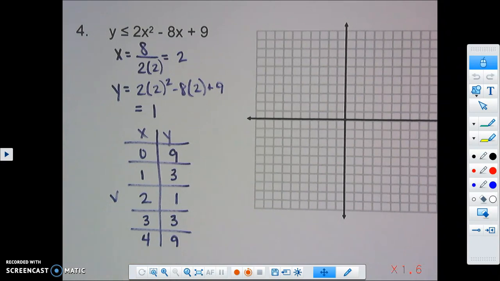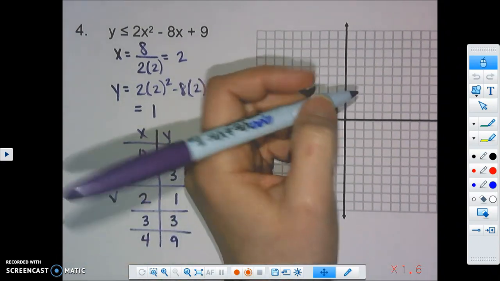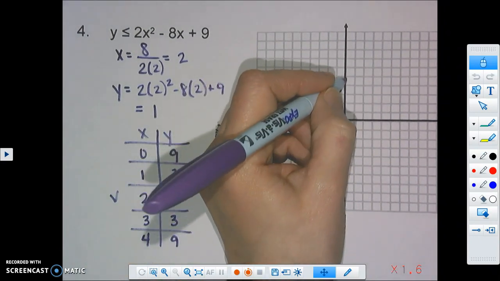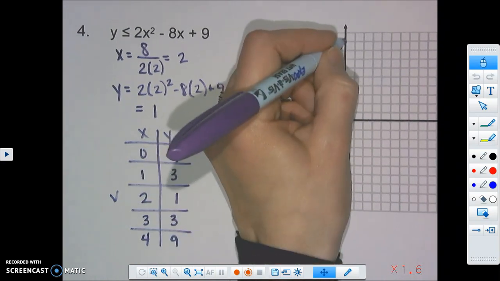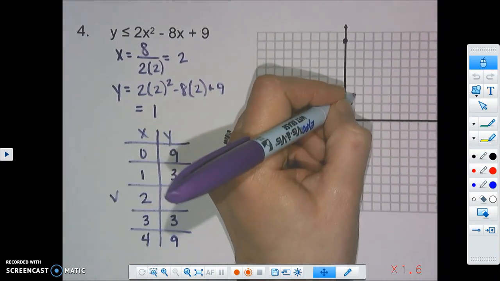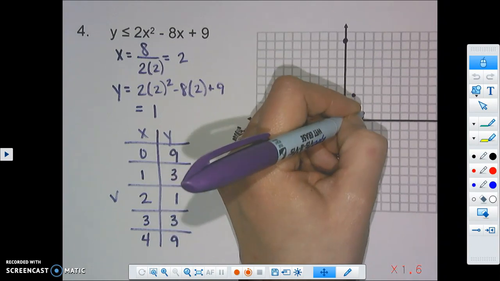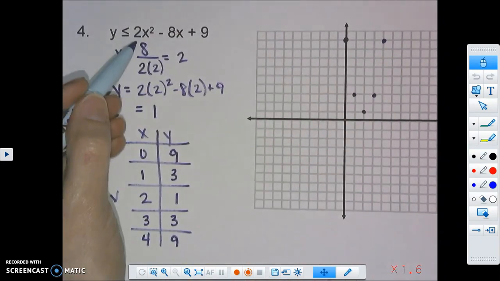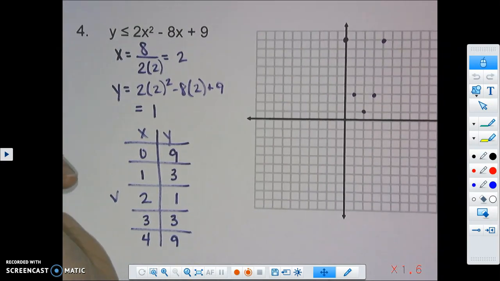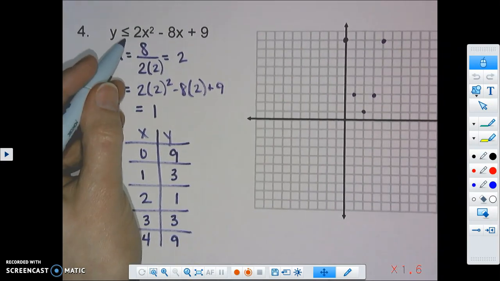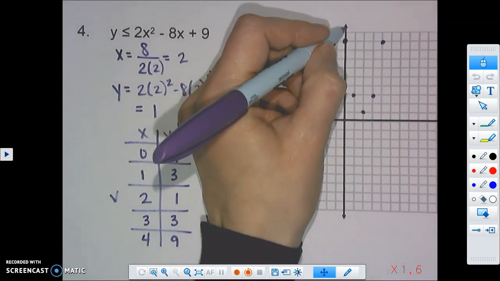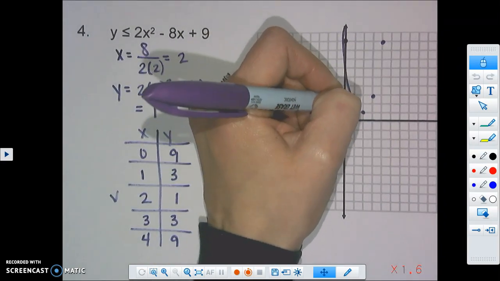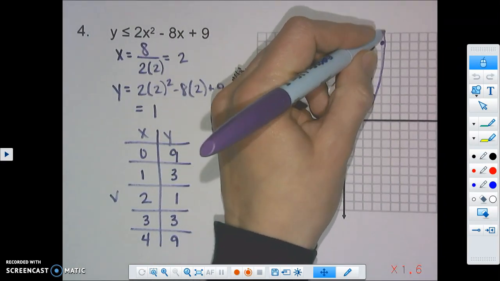So we're going to plot those points on our graph. Since our a value is positive here, it should be facing upward. There is an equal to piece to this, which means we will have a solid line when we connect these.